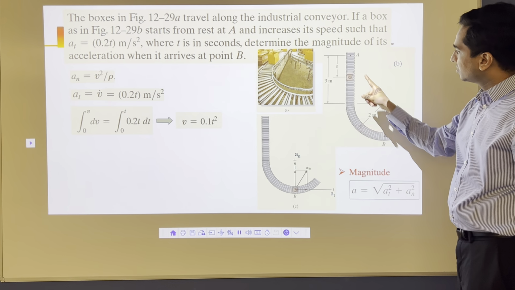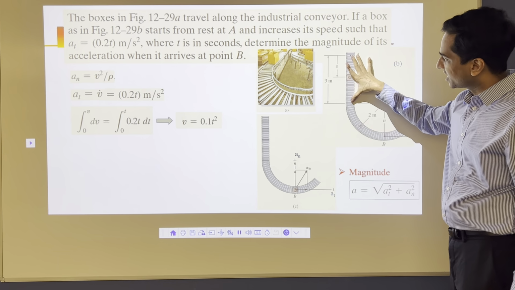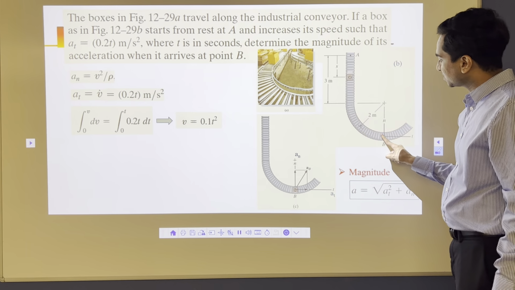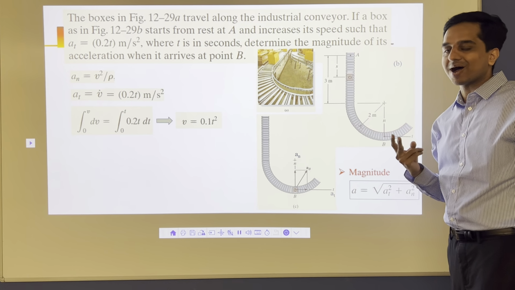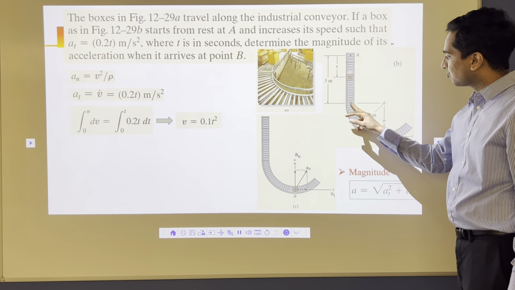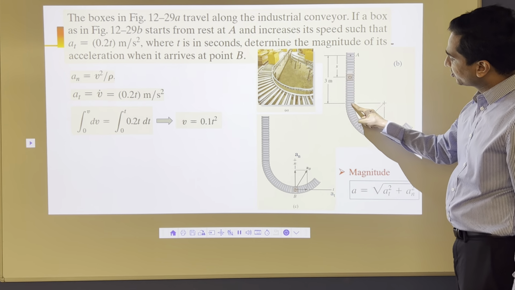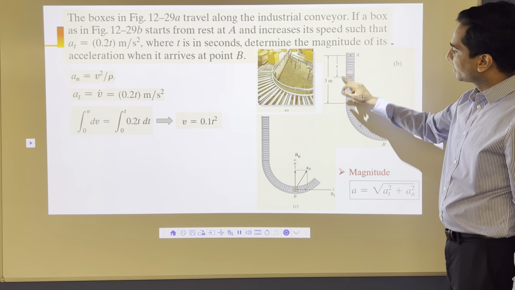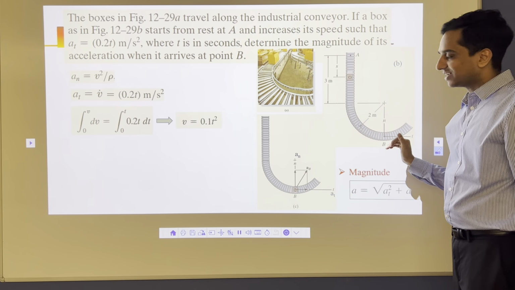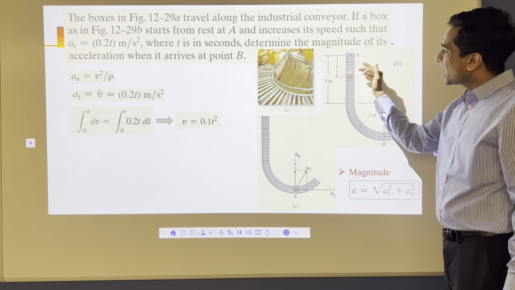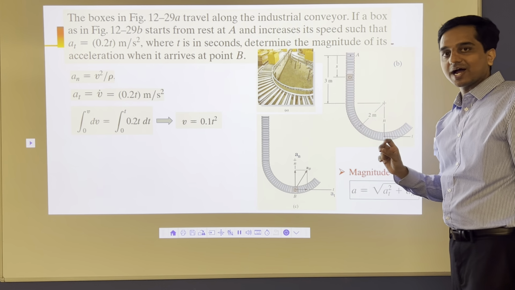I know the linear distance traveled is 3 plus this quarter circle. The circumference of a circle is 2 pi r, so 2 pi r divided by 4 is the circumference of a quarter circle. This distance plus this distance, whatever it is, will be the total distance. Based on that distance, I should be able to find the time.